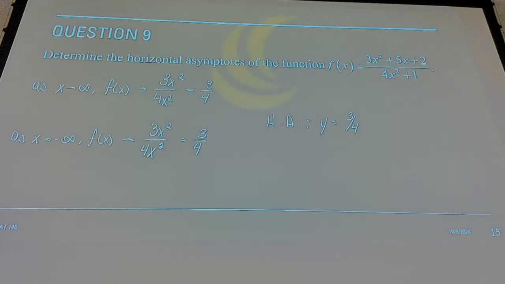Vertical and horizontal asymptotes, are they the only asymptotes? No. There are theoretically an infinite number of types of asymptotes.